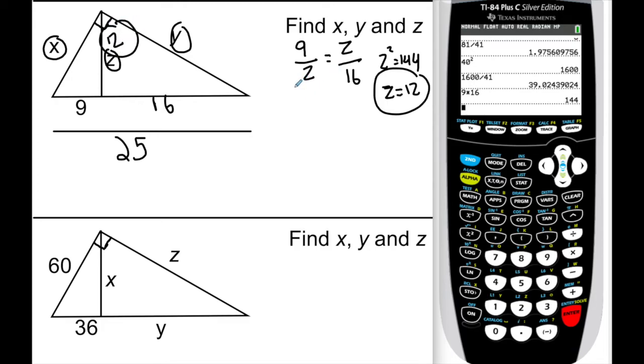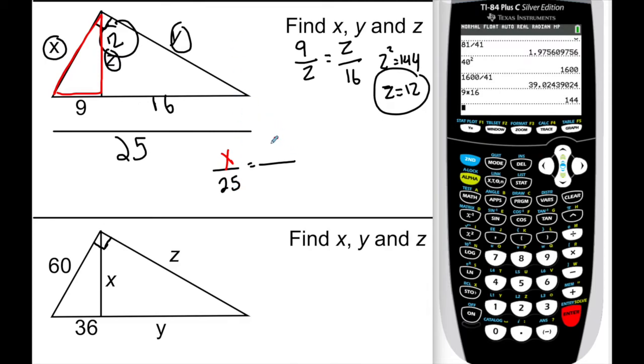Now, I need y and x. So let's think about it. What am I given? What do I need to find? I need to find x. So again, it comes down to similarity. We have this red triangle versus the whole thing. So it's just setting up proportions, right? In the first one here, x is the hypotenuse. In the big triangle, 25 is the hypotenuse.